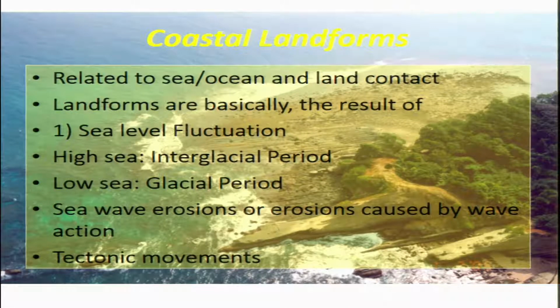Landforms are basically the result of, one, sea level fluctuations, because if the sea level has gone down, then you will be able to see the land. If it has gone up, then you will see the submerged area.